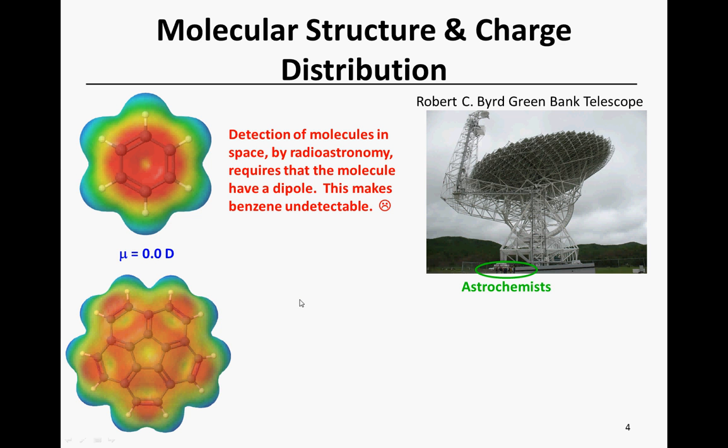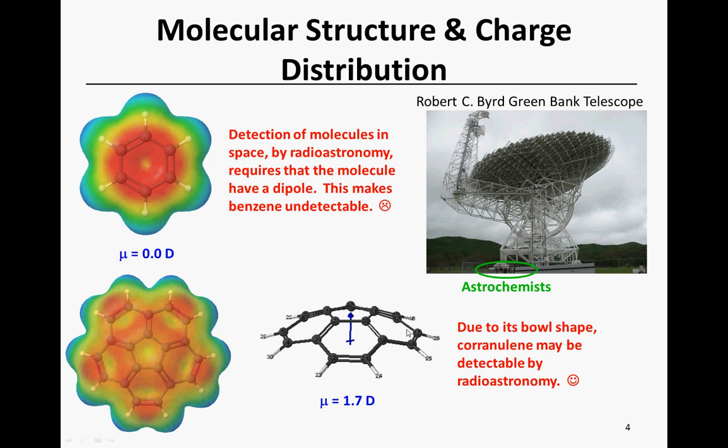The exciting bit about this is when we optimize the structure of corannulene, we see that it is a bowl-type species where it has a raised center, and because that center is negative and the lower outer part is positive, it actually creates a pretty sizable dipole moment for an aromatic organic species like this of 1.7 debye.